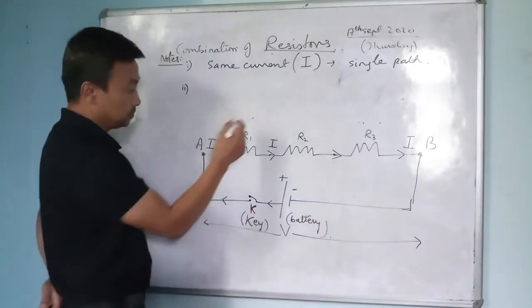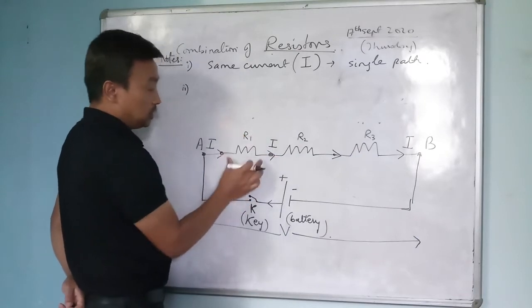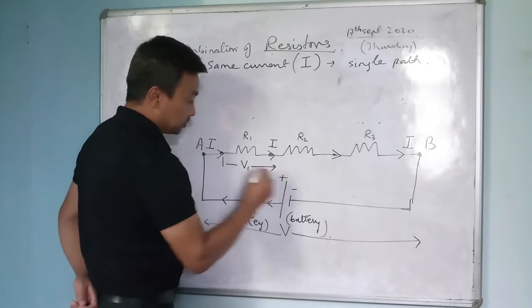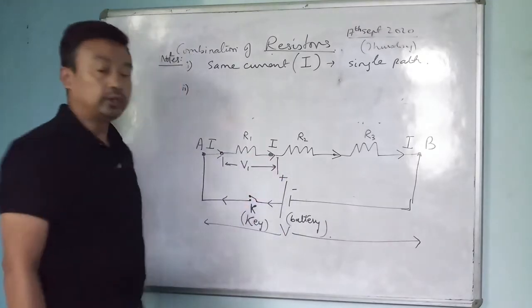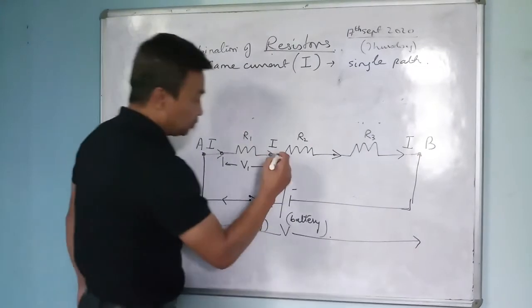Now if you look individually at the resistance R1, it has 2 ends, so it has its own potential difference. Let us say we take V1 as the potential difference of the first resistor R1.